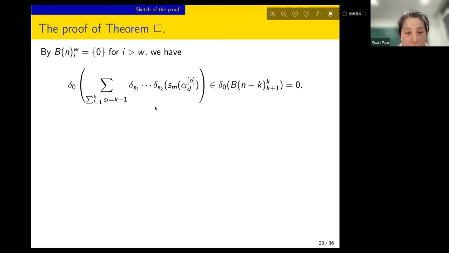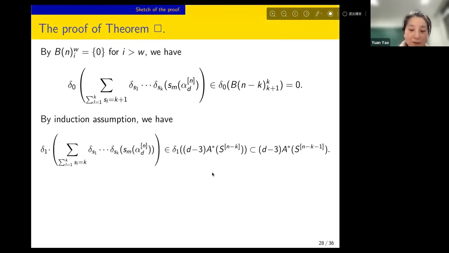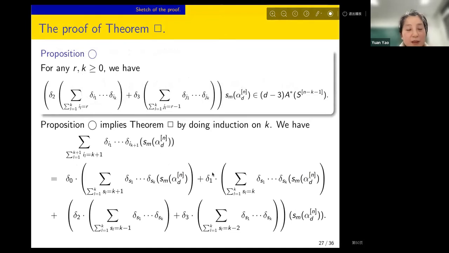The theta zeros should be at most K. One time you increase 1 theta 0 or 1 theta 1, so the total number of theta 0 and theta 1 should increase by 1. Putting this together, the total number of theta 0 and theta 1 should be equal to K. That's why the number of theta 0 can't be K plus 1. This is not possible, so this term is automatically 0, and the second term is by the induction assumption. So now we have that this proposition proves the theorem.